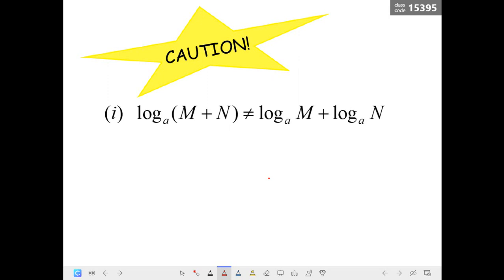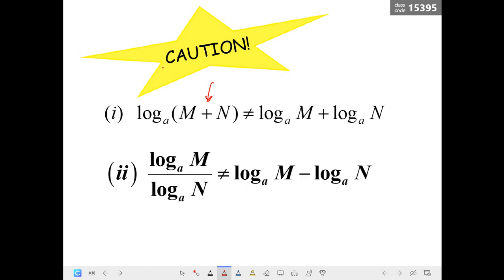Now, common mistakes. When given log of m plus n to the base a, this cannot be separated. When it is addition or subtraction inside, these two terms cannot be separated. The law of log is valid for multiplication and division only. Likewise, when given log m base a over log n base a, it cannot be separated like this.